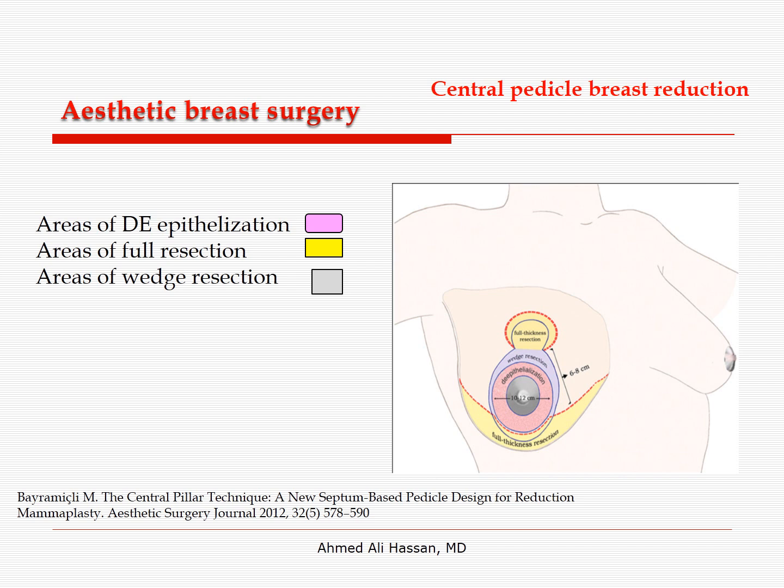So again, the tissue at the base of the wedge resections on both sides of the pedicle maintains the central pedicle vascular continuity with the breast septum.